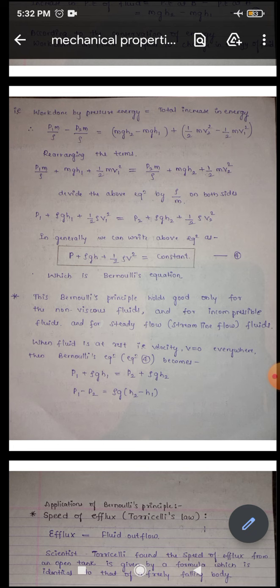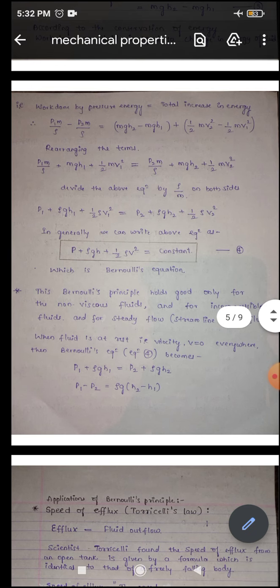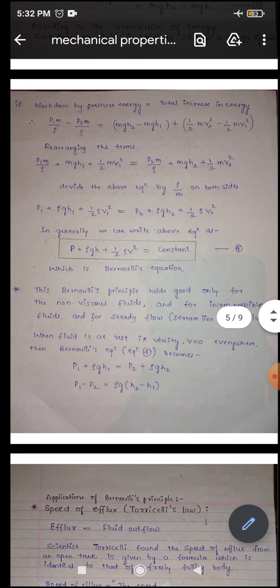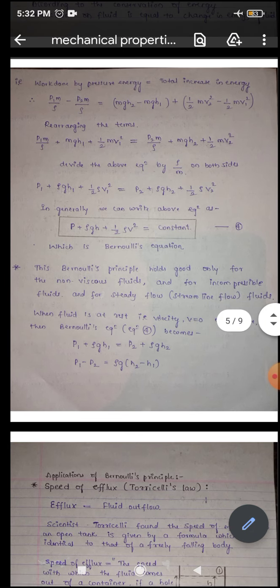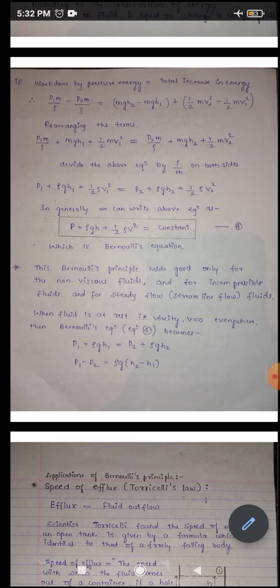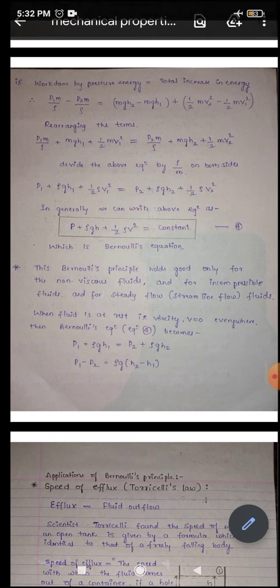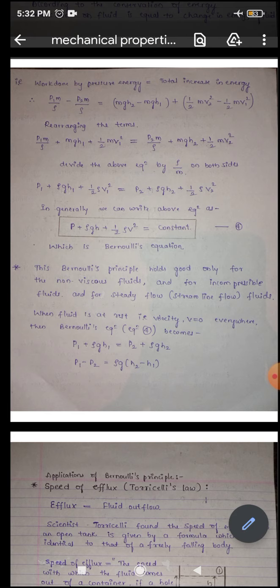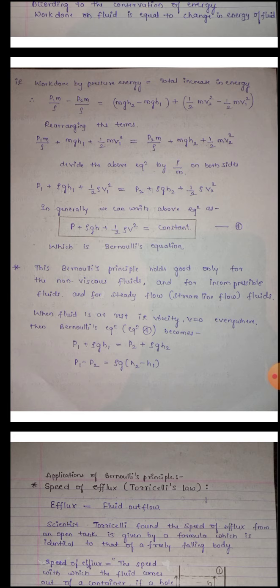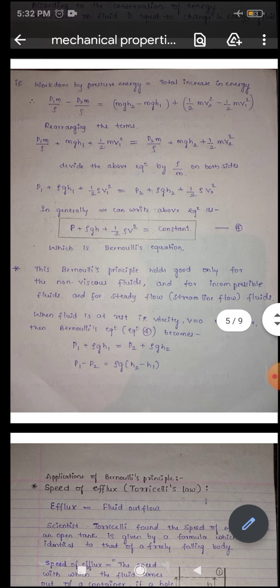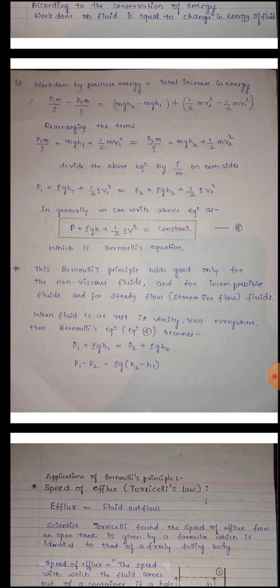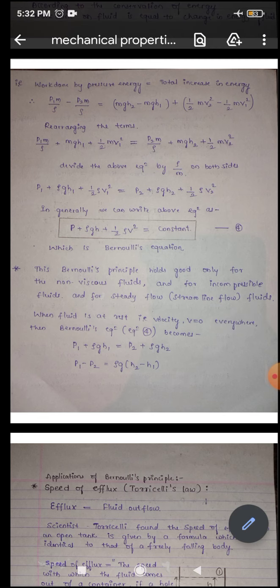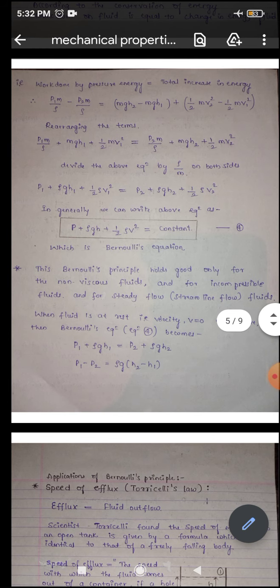So divide the above equation by m over rho on both sides, and we will get P1 plus rho gh1 plus 1 by 2 rho v1 square is equal to P2 plus rho gh2 plus 1 by 2 rho v2 square.